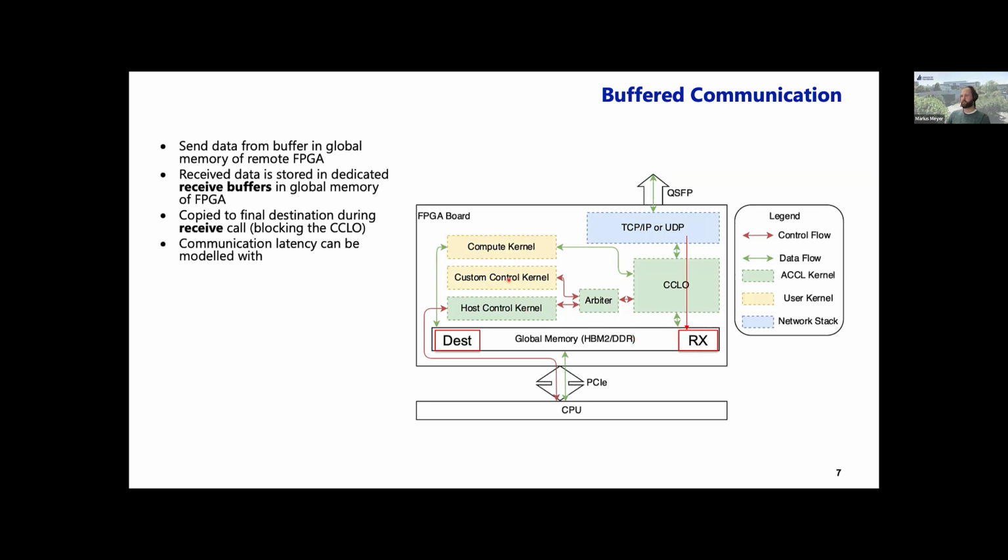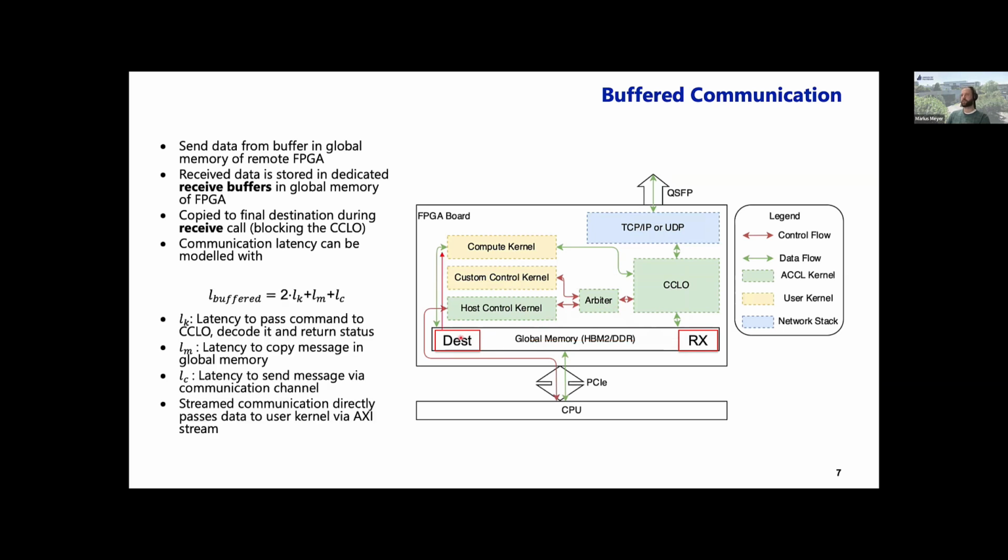In the second step, we will call the receive on the local FPGA. By that, we will basically copy over the data from the receive buffer to the final destination in global memory. Then in the third step, we can actually use this data in our compute kernel, for example.